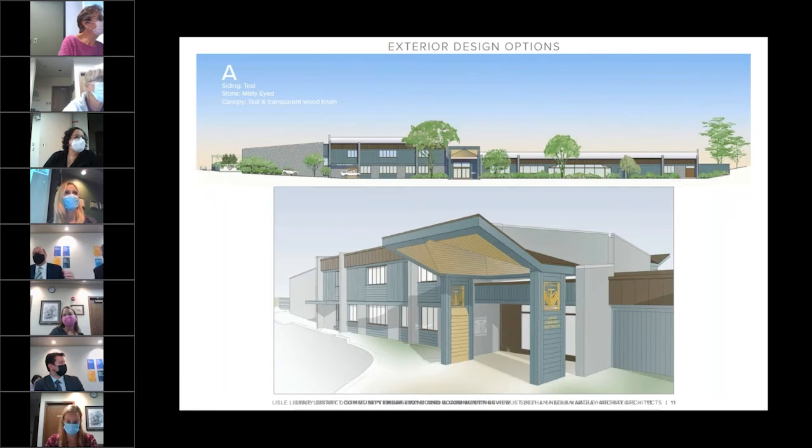Looking at 4 options like this and trying to decide how to narrow it down, you start to look for the differences between them. One difference you'll notice is that the 2 schemes on the right, the C and D images, use 2 colors for the siding.